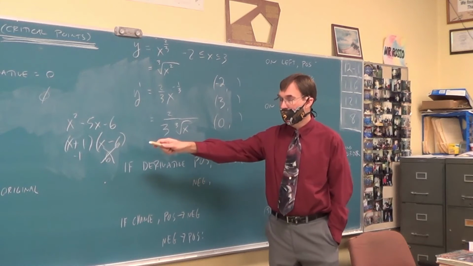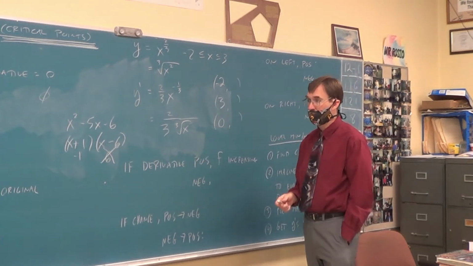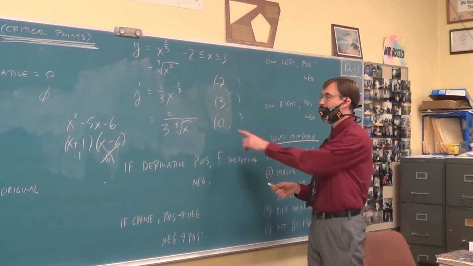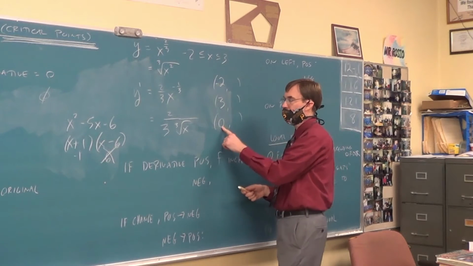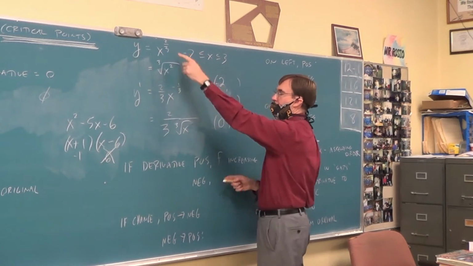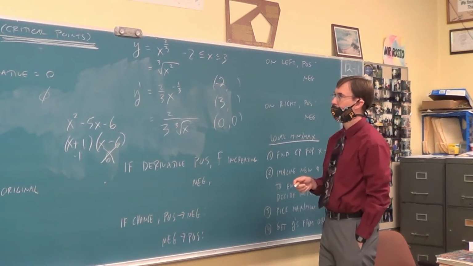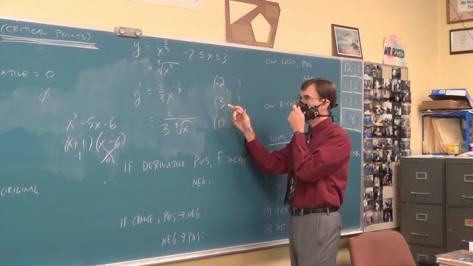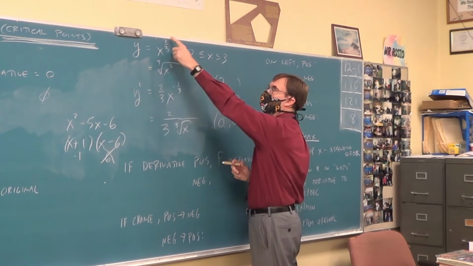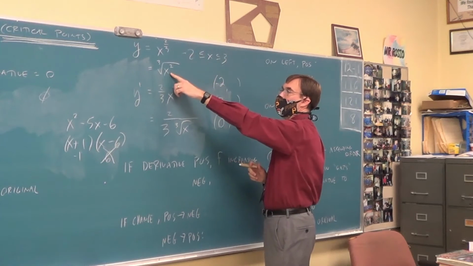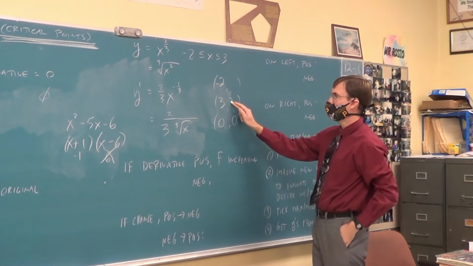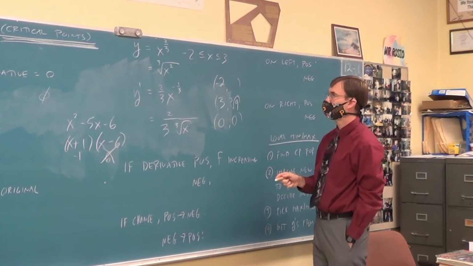So we found our critical points for x. Now we need to plug those into the original thing to get some y's. So I'll do the 0 first because life is easier with zeros. 0 to any power is 0. For the 3, 3 squared is 9. So I'd be doing the cube root of 9.